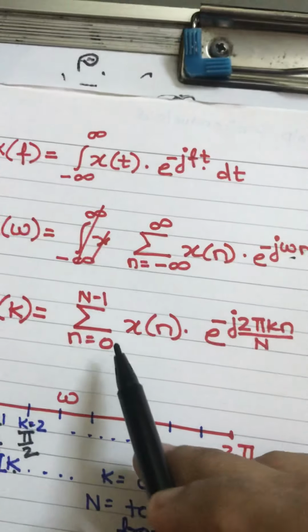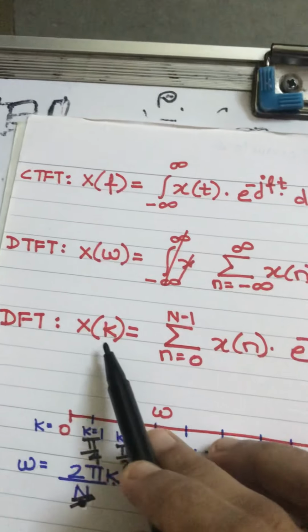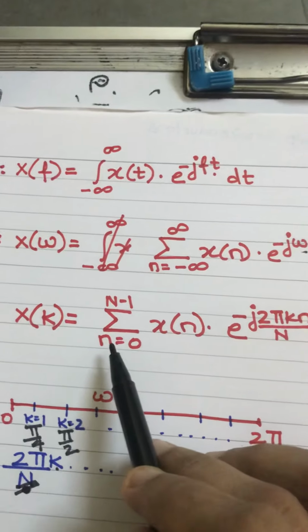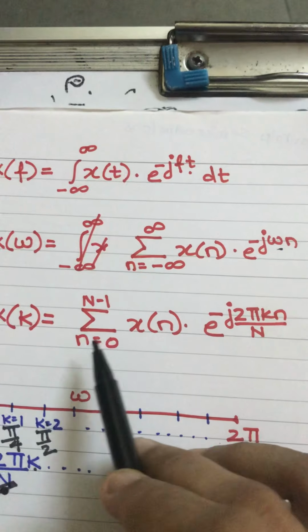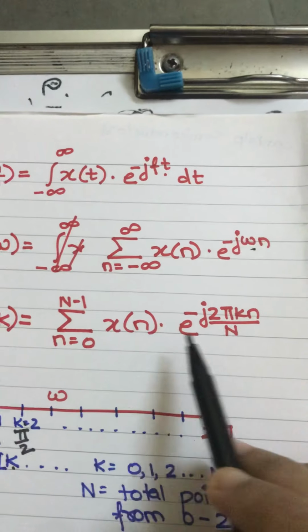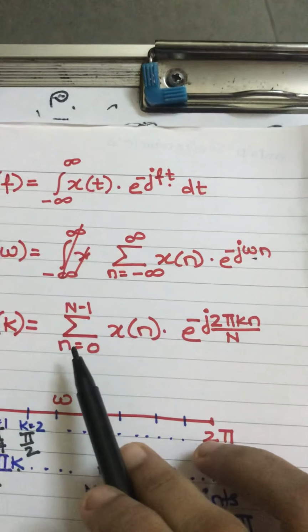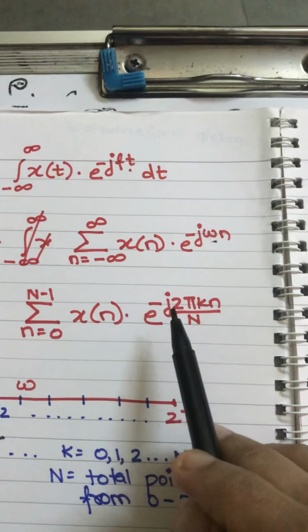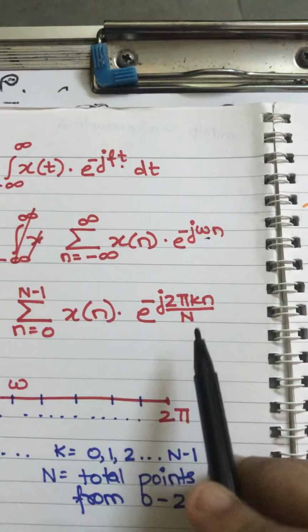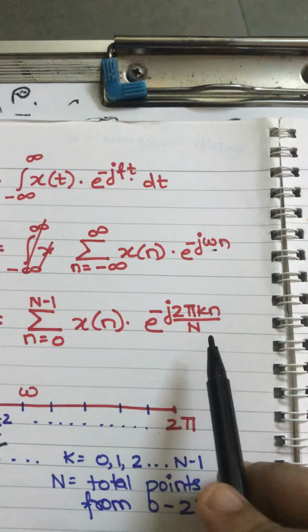So even here, in the expression for DFT, the limits for summation will be n is equal to 0 to N minus 1, x of n into e raised to minus j 2 pi k n by capital N.